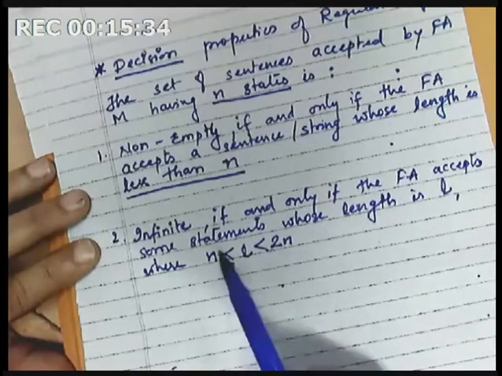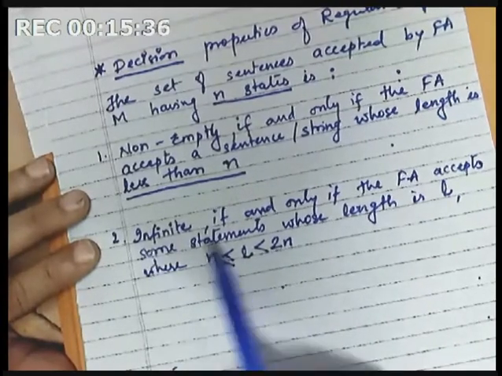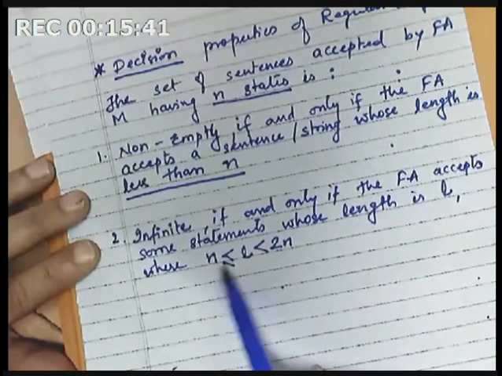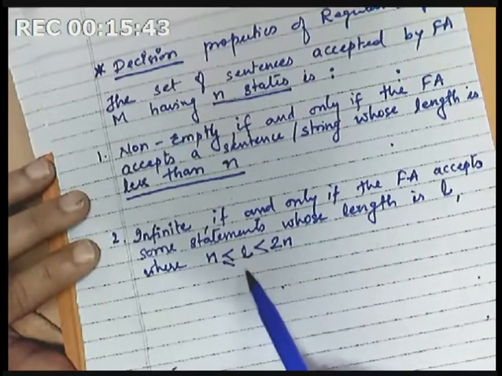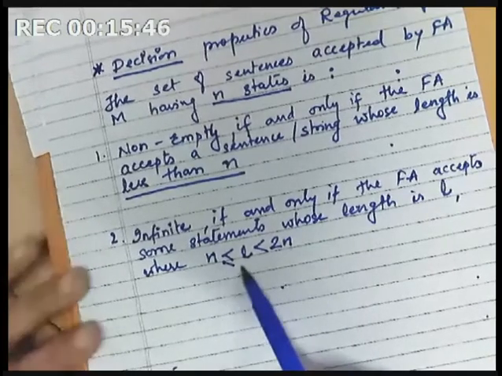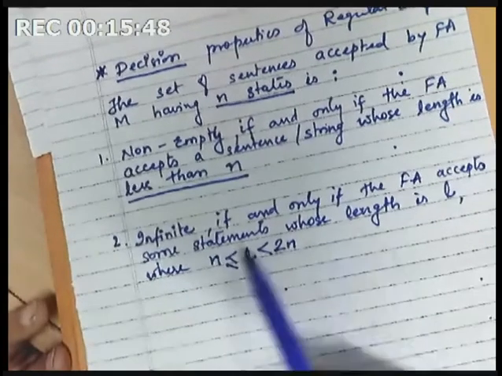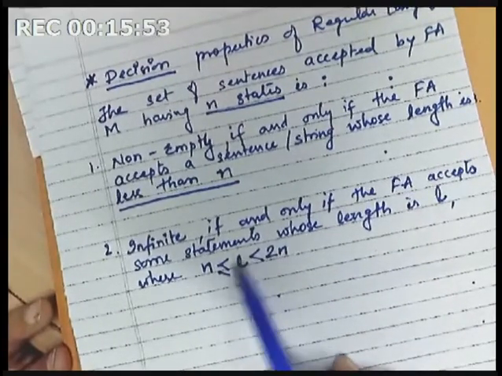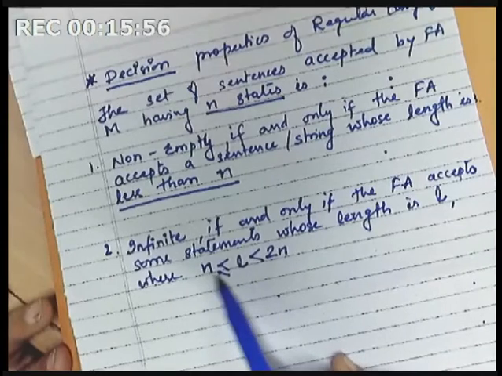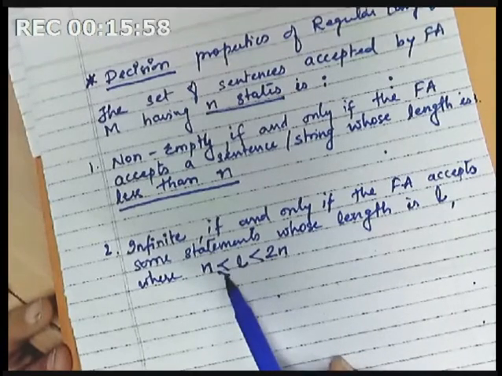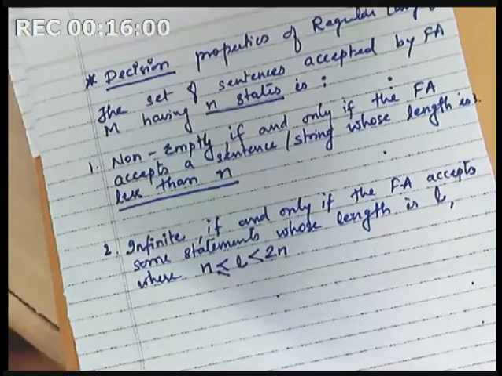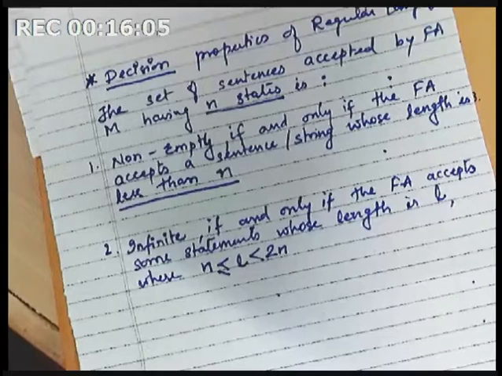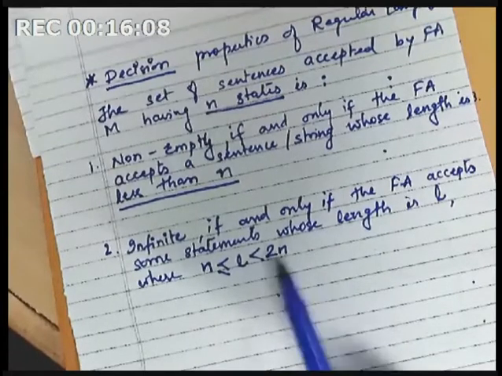Now here we are saying when a language will be declared infinite: if L, the length of a string, is greater than or equal to n. As soon as it is equal to n, it clearly indicates that there will be some kind of loop, because otherwise, if no loop is there, the minimum string accepted will be n minus 1.